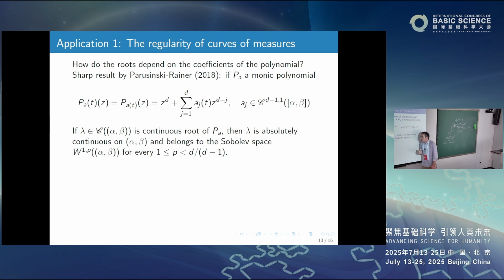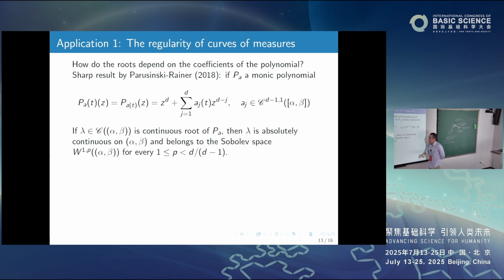So you have a curve of polynomials, C infinity. Then you ask yourself, what is the best regularity that you can get for a continuous selection of a zero of the polynomial?